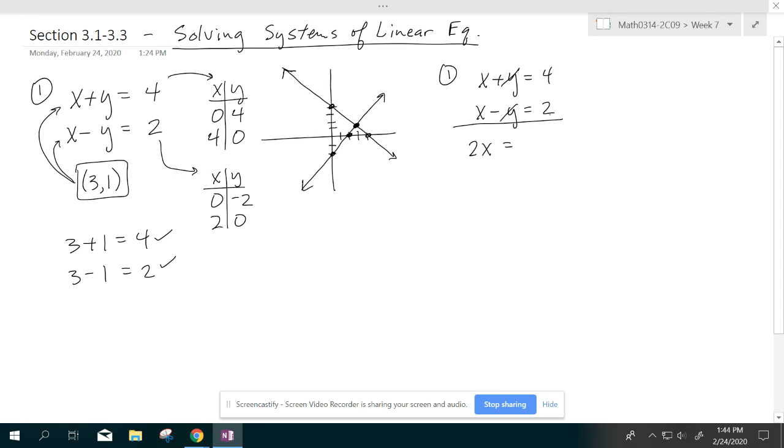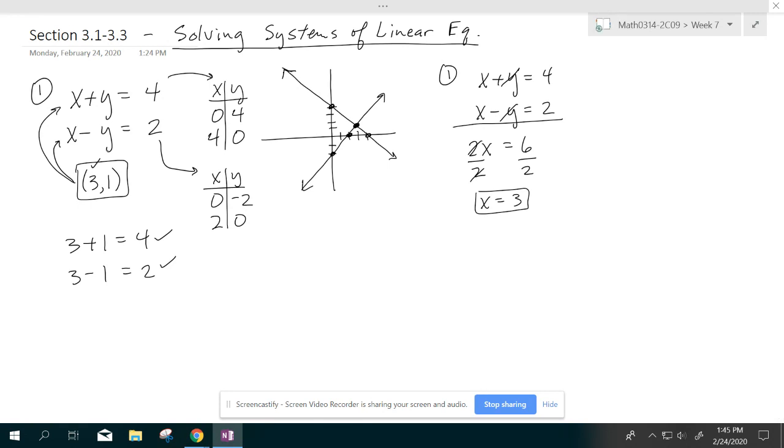Cancel. 4 plus 2 is 6. Do y'all see that? Adding together gets the y's to cancel. And now look, I can solve for x. Divide both sides by 2. x equals 3. And notice that that does verify my x coordinate of the intersection.